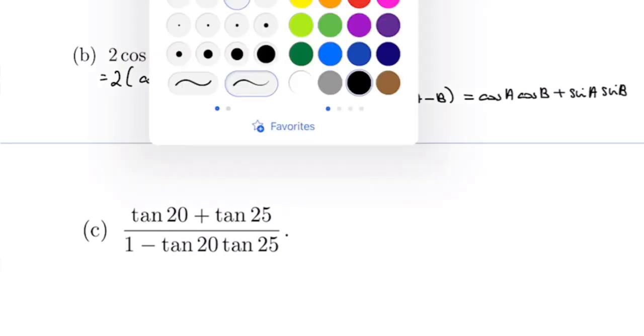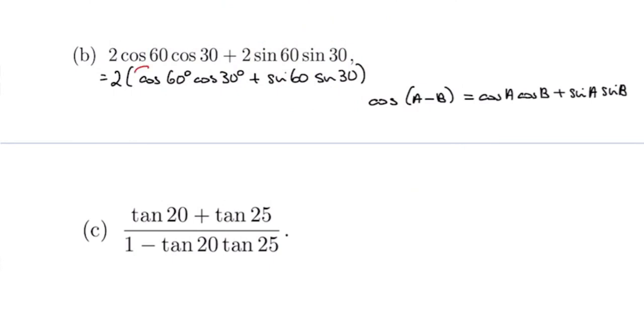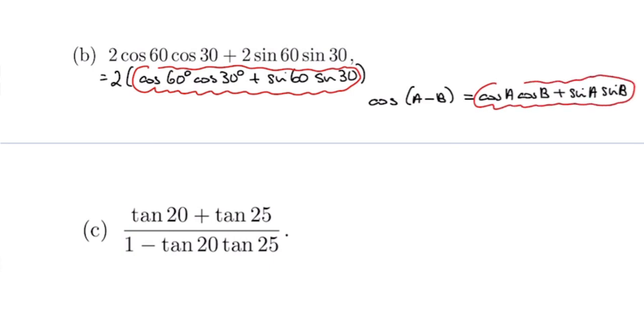And again, if I compare what's inside the bracket with what's on the right hand side of the formula, we can see that A is 60 and B is 30.